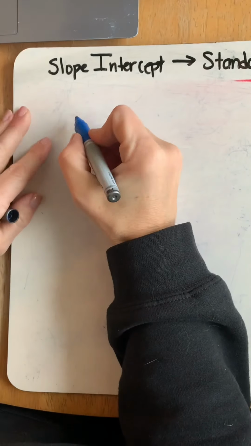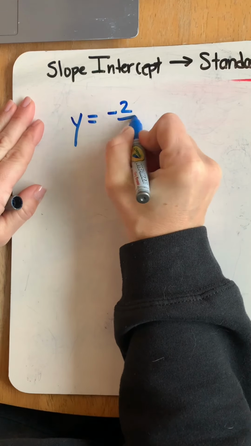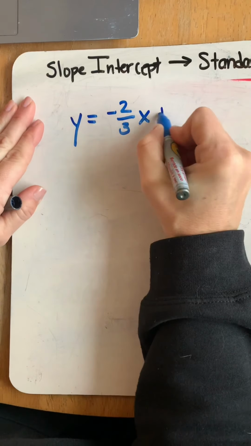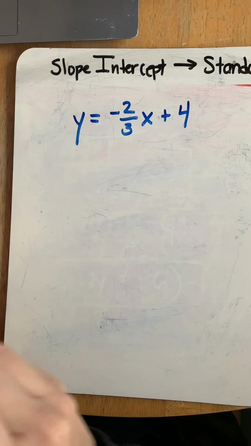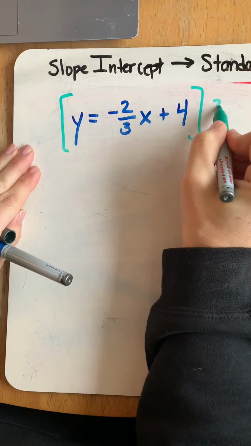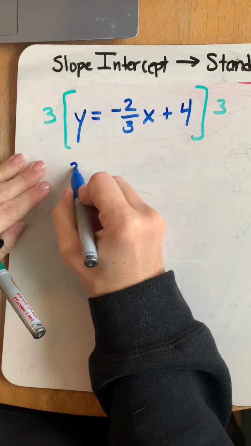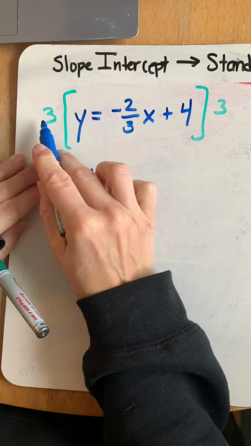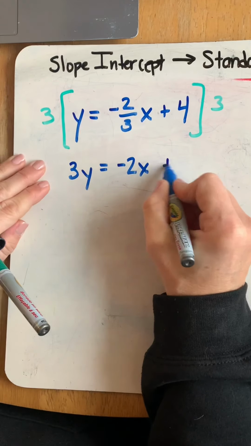Okay, so again, I'm given slope-intercept form. y equals, let's say, -2/3 x plus 4. Step 1, clear the fraction. So we're going to multiply everything by 3. So 3 times y is 3y. 3 times -2/3 x is -2x. 3 times 4 is 12.